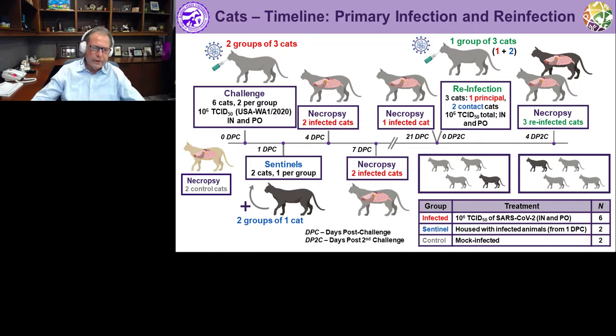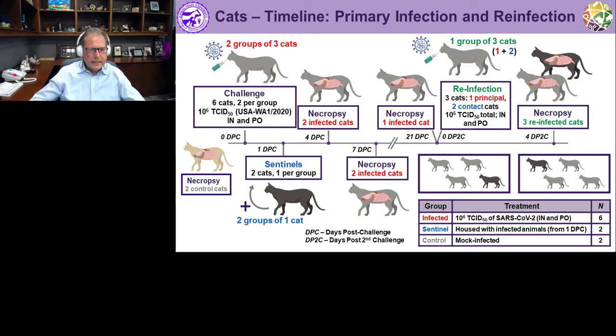So this is our first study, where we did primary infection and reinfection of cats, and I will go through in this diagram how we set up this experimental model. We have 2 control cats which we necropsied before we did the infection study.